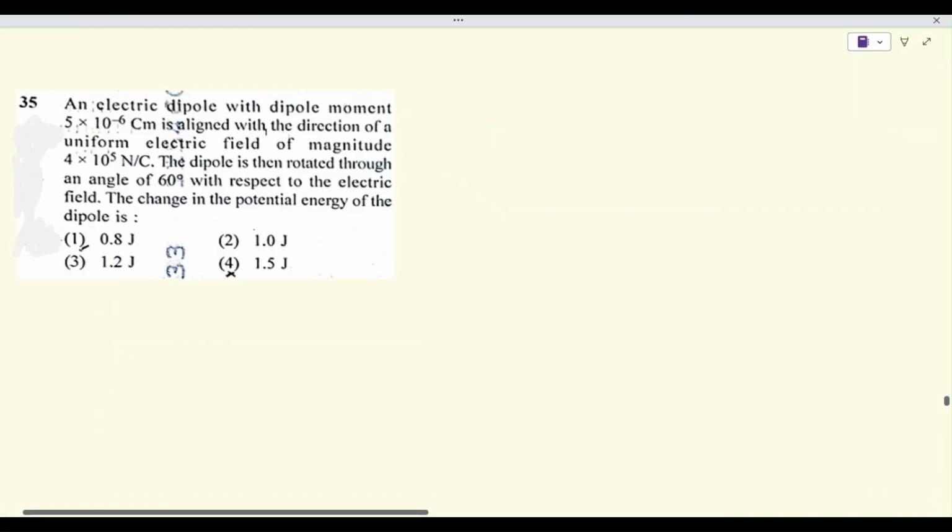35. An electric dipole with a dipole moment 5 into 10 power minus 6 coulomb meter is given, aligned with the direction of a uniform electric field, magnitude is given. Dipole is then rotated through an angle of 60 degrees with respect to the electric field. Change in the potential energy. You have a direct equation.